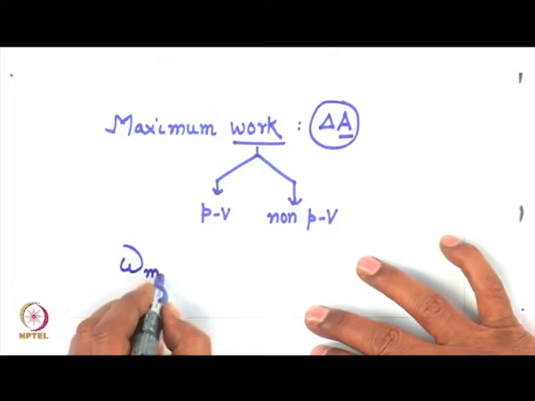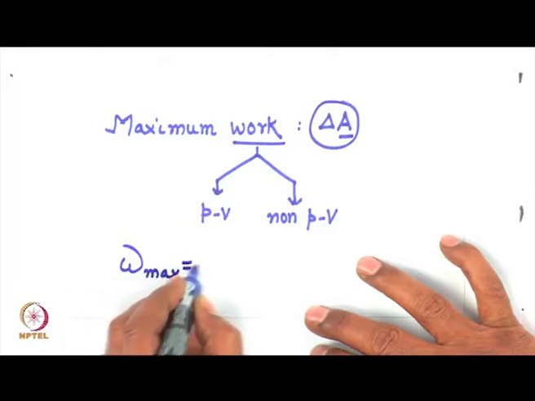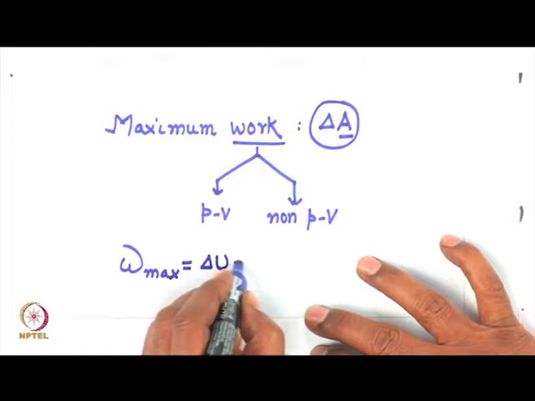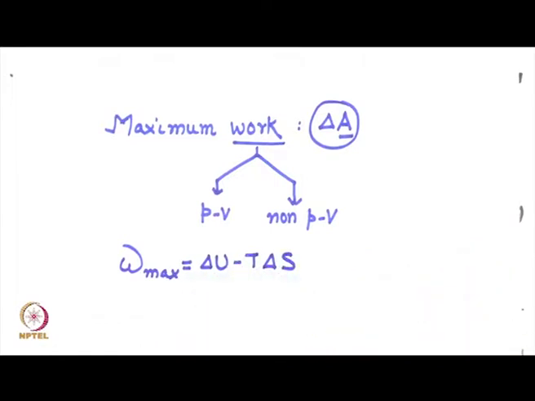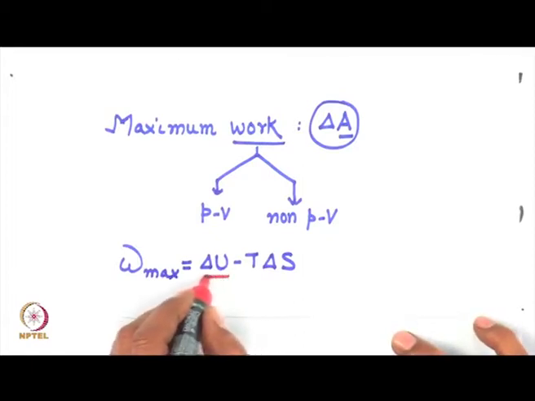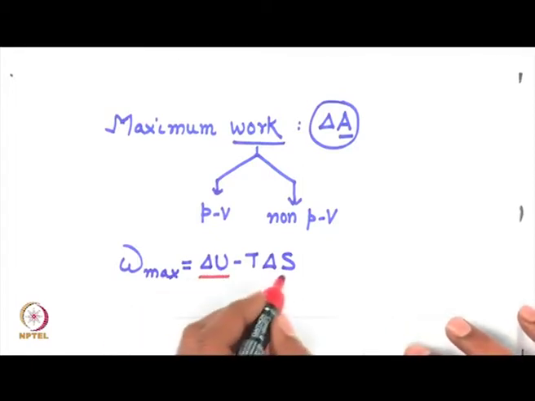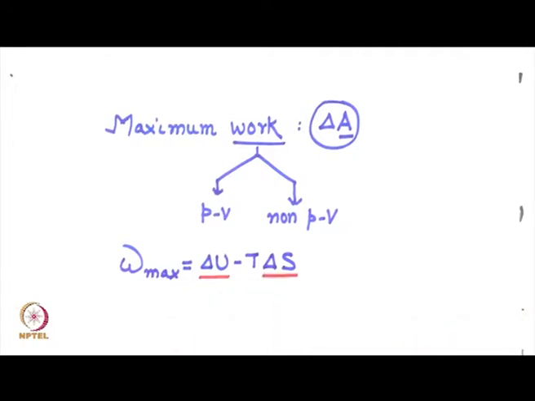So, that means W max is equal to delta U minus T delta S. There are two components in this. One is the change in internal energy, the other is the change in entropy. Whenever a system does work, this is done at the cost of what?